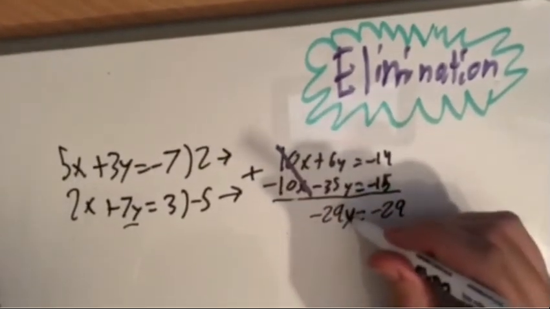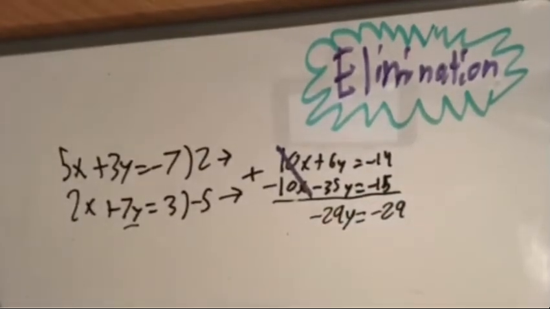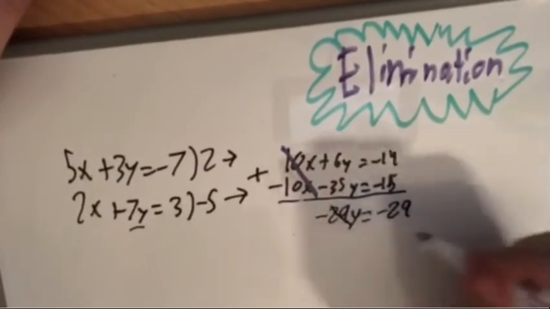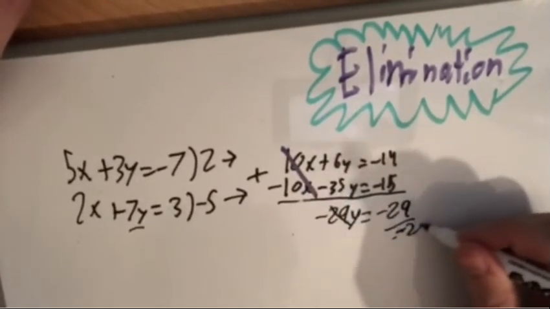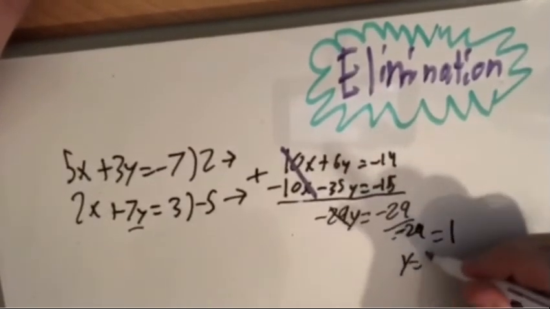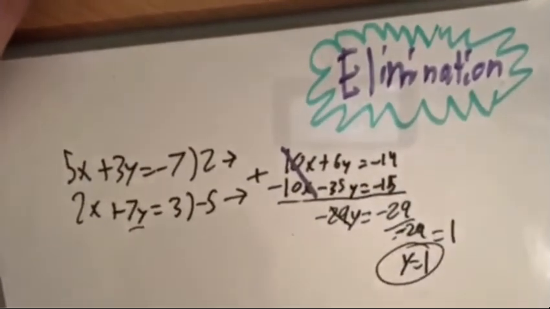So we cross this out and divide by negative 29, and that equals 1. y equals 1. That's our first answer, but we need x as well, since we eliminated x.